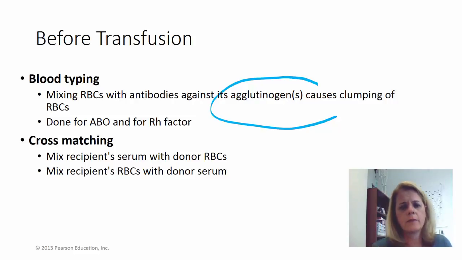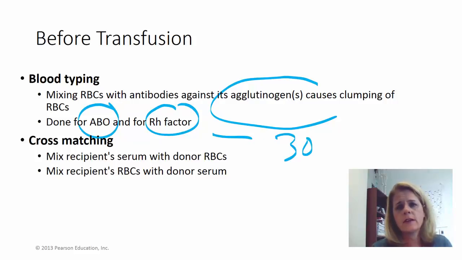So when they blood type, they're blood typing for ABO and Rh. And actually, there's about 30 other factors. So depending on what you're going in for, and maybe if you're immunosuppressed or something like that, they may even match you out to even more factors than just those ABO and Rh factors.